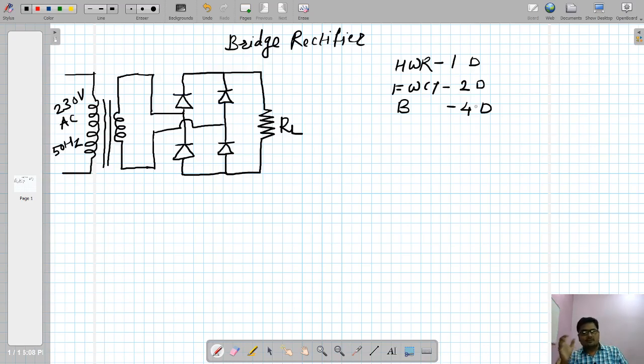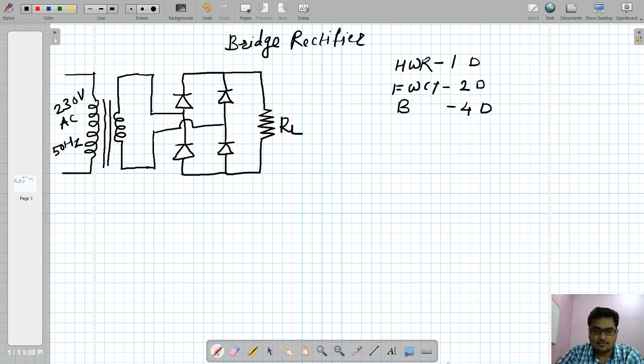So we had this comparison, half wave and full wave, but now we have another type of full wave rectifier, which is a bridge rectifier. It is a full wave rectifier. It means in that rectifier also, output voltage is available for the positive half cycle of the input signal as well as the negative half cycle of the input signal.